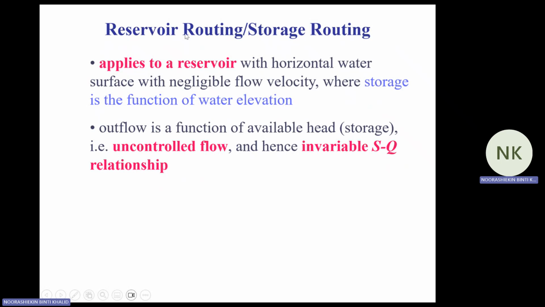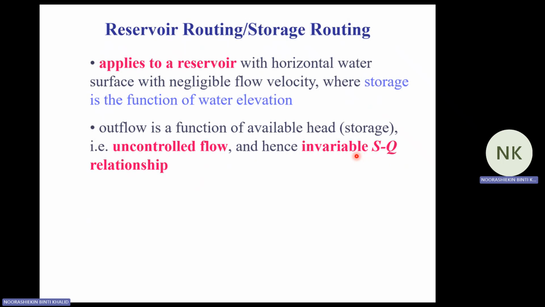For reservoir routing or storage routing, it applies to a reservoir with a horizontal water surface with negligible flow velocity, where storage is a function of water elevation. Flow is a function of available head storage. For example, uncontrolled flow, hence an invariable S minus Q relationship.